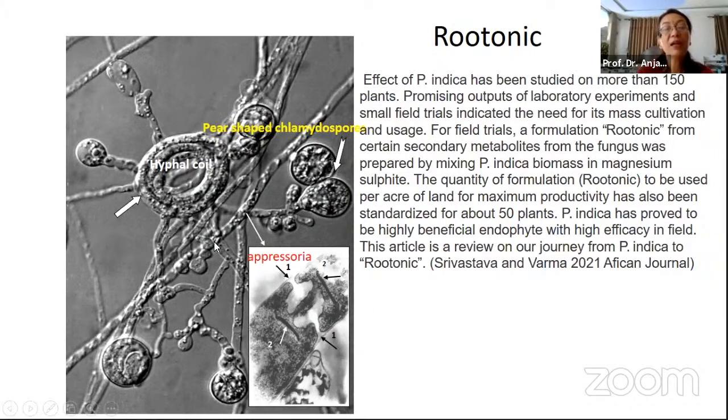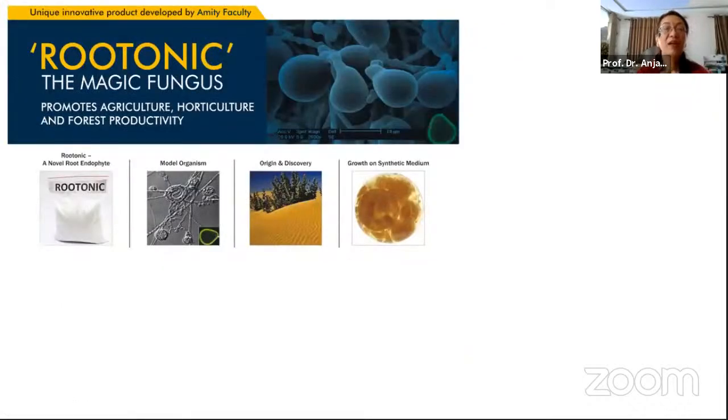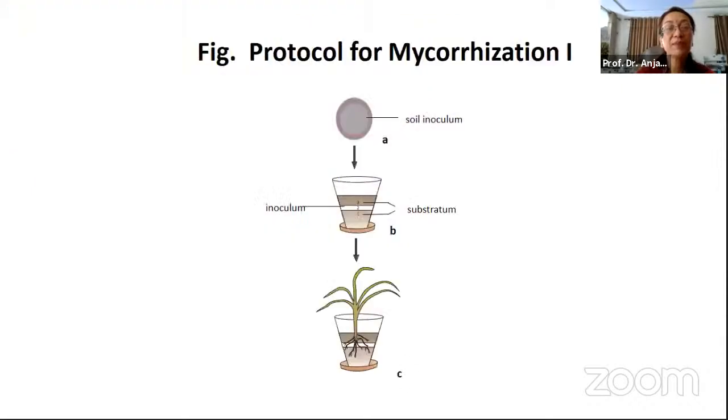And when you magnify this hypha, you can see the presence of dolipores and parenthosomes. See? And this I have taken from the net. The scientists from MIT University have worked on it, and they have given the name Rootonic for this fungal mixture, which they are applying in various fields for promoting agriculture, horticulture, and forest productivity.